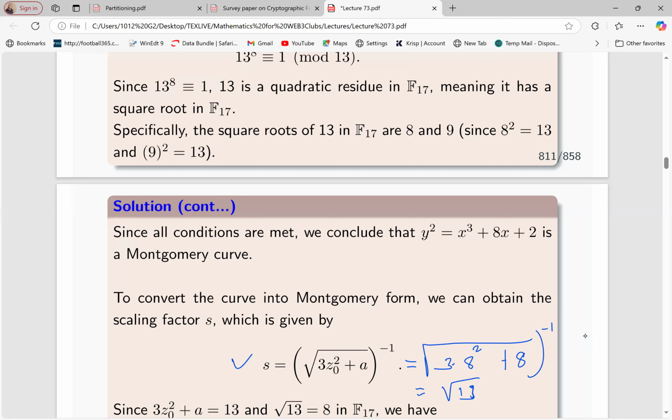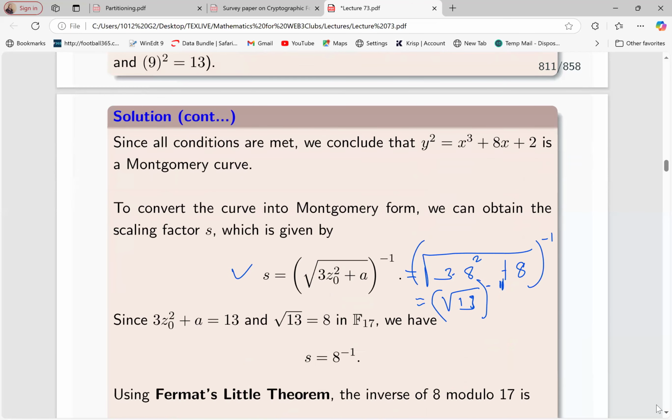We want the inverse of that square root. So what is inside the square root sign is just 13. But now I want the square root of 13. This one I have to use the code. Let me just look for it.